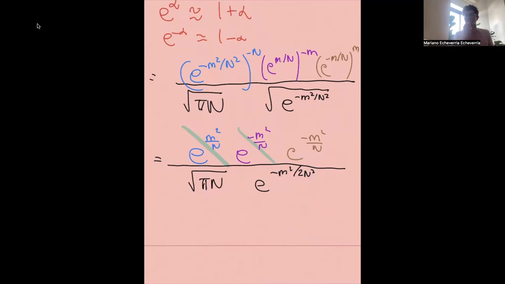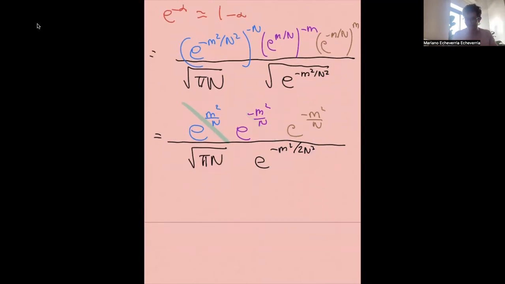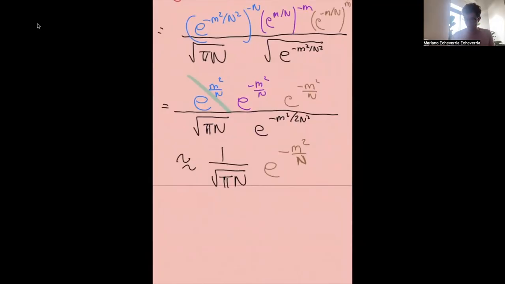That's why, when you do this approximation, you usually ignore this to begin with, and that's how you end up with the famous factor root of pi over n, e to the minus m squared over n. And that essentially, if you compare it, let's compare this with the Gaussian.